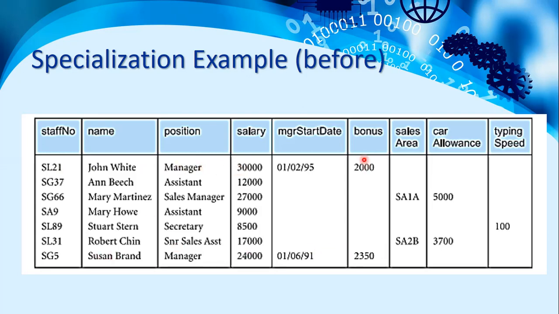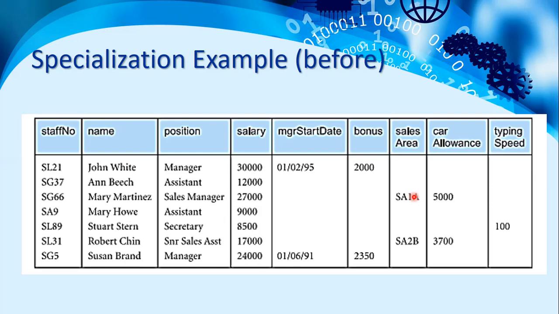These members both have values for the manager start date and the bonus. So we could say that we can extract these 2 members into a separate subclass.